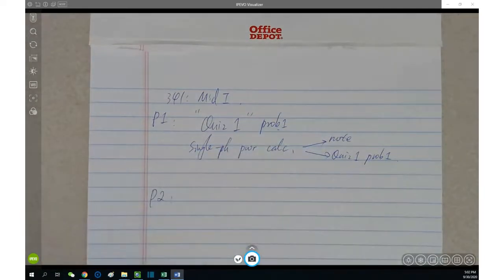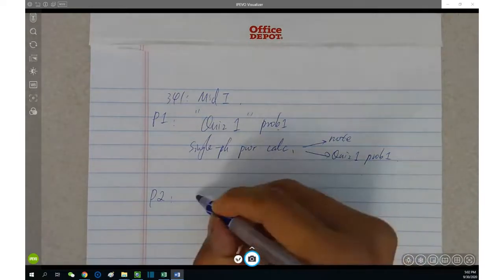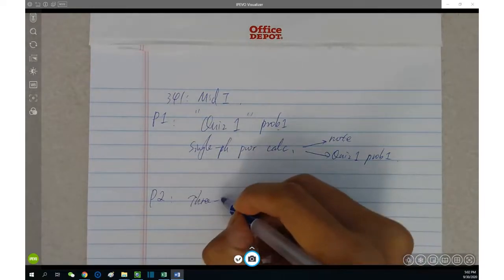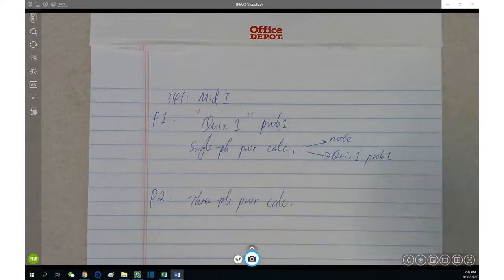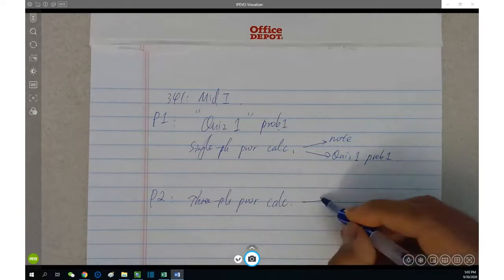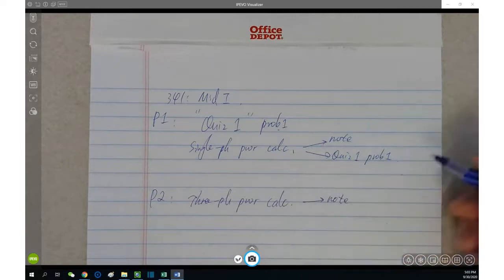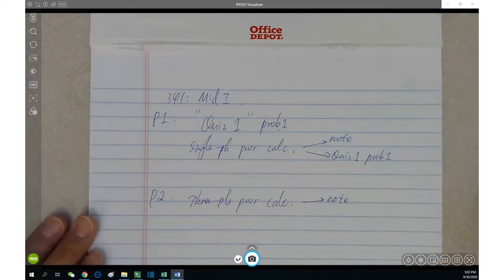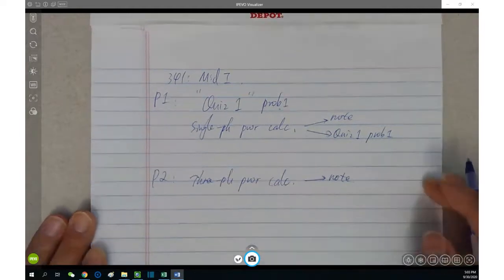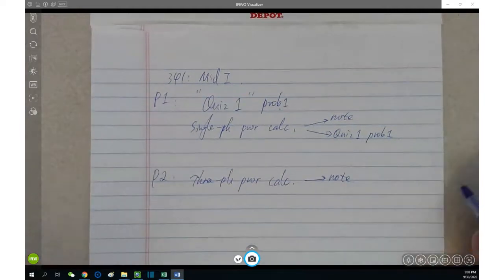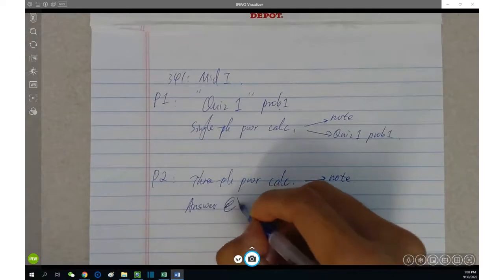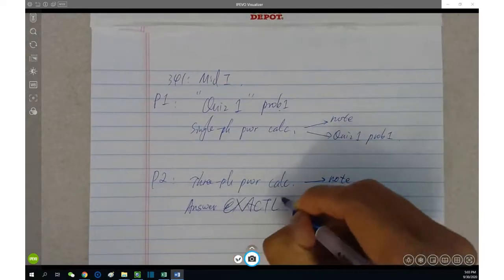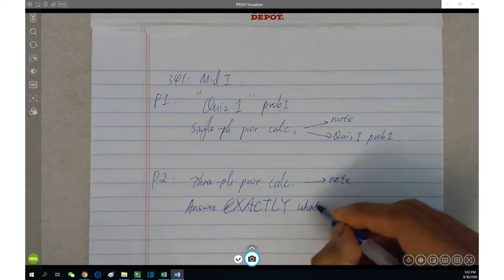Problem 2 is a three-phase power calculation problem. You need to go to the notes. We have one example including everything. Be careful. Answer exactly what is asked.